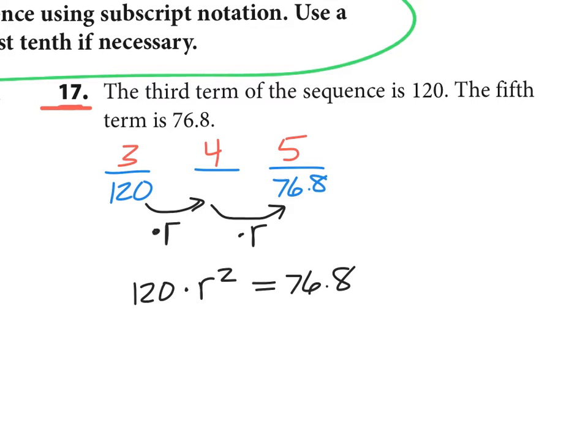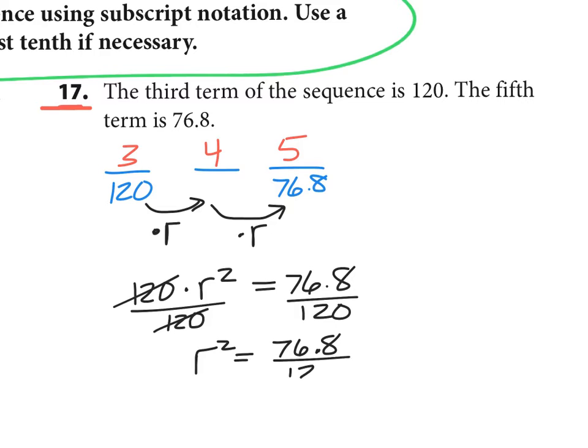So if I think about that, R times R, R squared. If I'm solving for R, what I'm going to do here is divide by 120. So this takes us back to our quadratics earlier that we solved by taking square root, because now I have R squared equals 76.8 divided by 120, and now I'm going to take the square root.